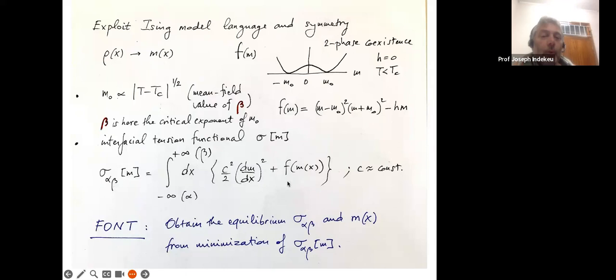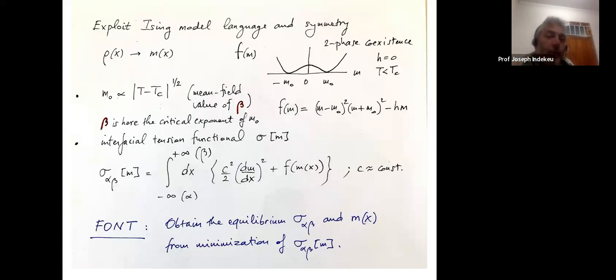And so the second term contains entropic contributions as well. So it's not only an energy contribution, but also an entropic contribution. The second term is the penalty that a homogeneous state would incur if we put the wrong density.